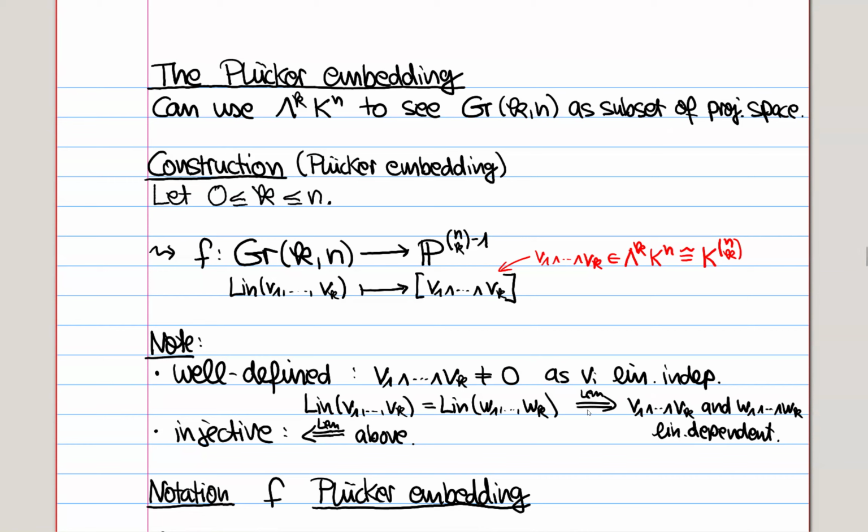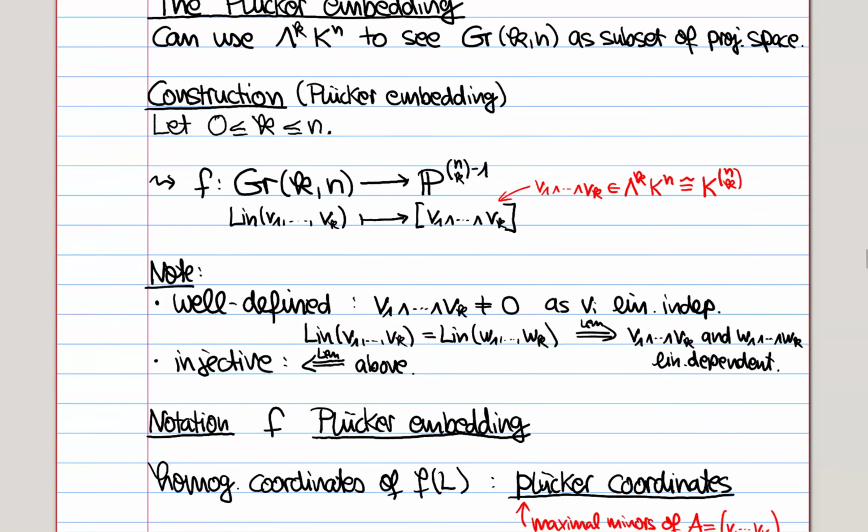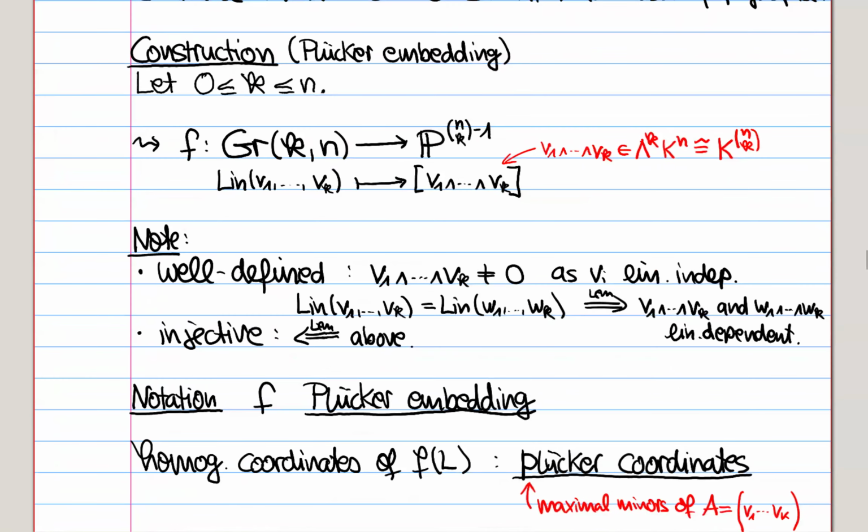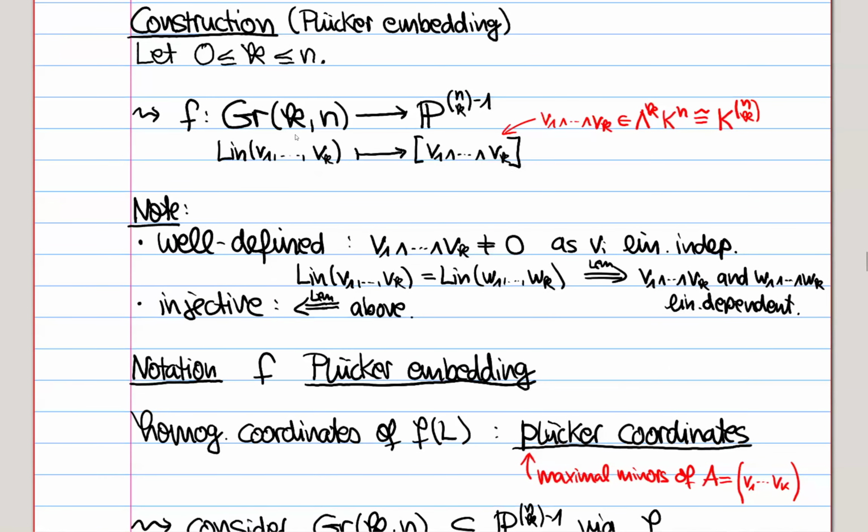Moreover, this was one direction of the lemma, and then we had the reverse direction, which said that this thing actually uniquely characterizes this linear span, and this shows that this is actually an injective map. And we call this thing the Plücker embedding, and it allows us to represent this as a subset here.